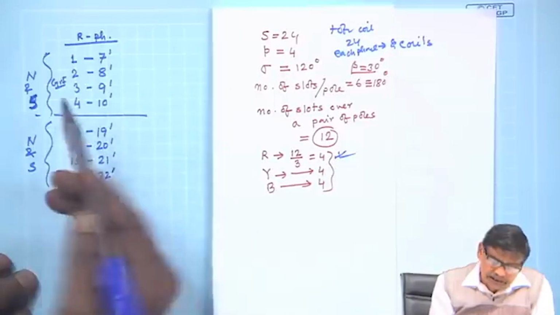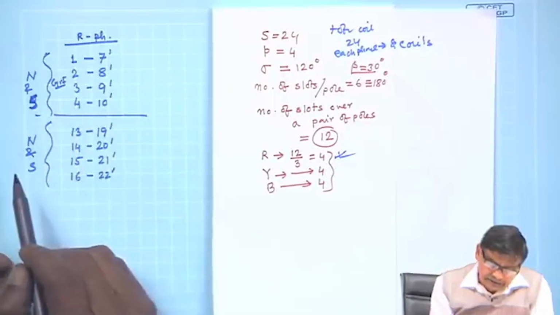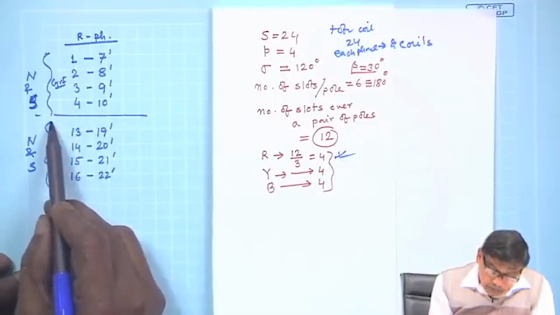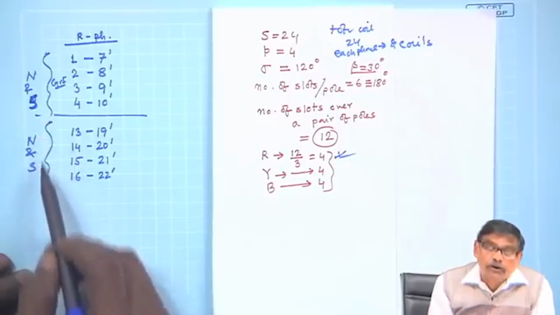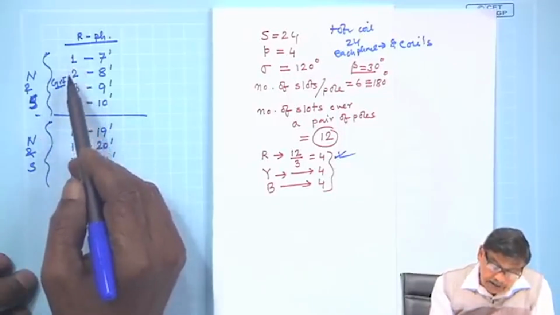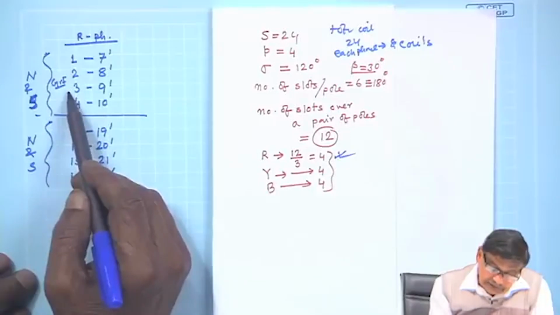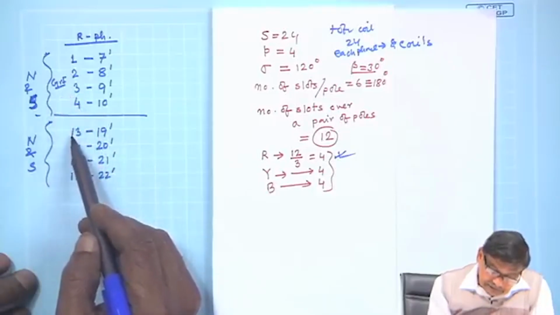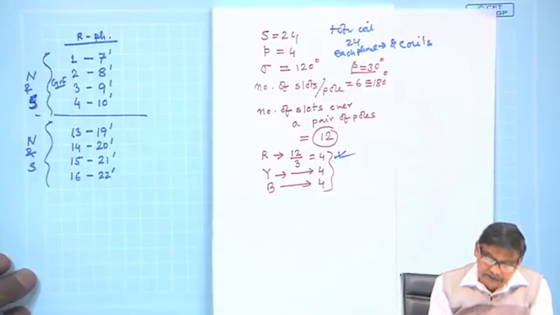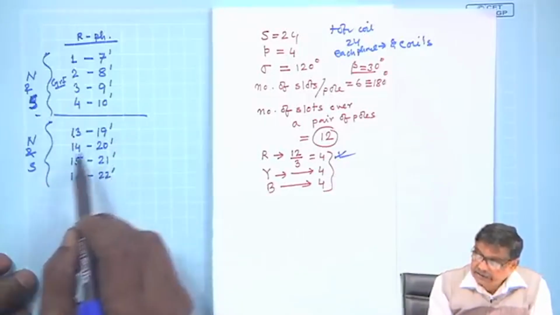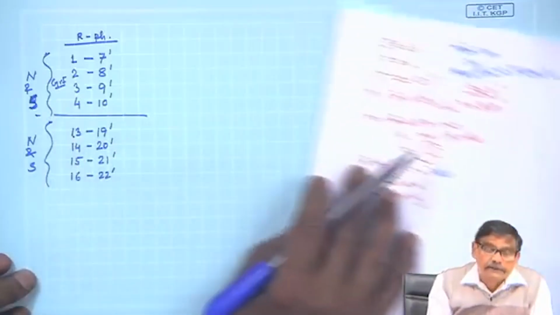So, 1 7 dash, 2 8 dash, 3 9 dash, 4 10 dash, and then the next pole pair starts, once again starting from naught. Therefore, 1 plus 6 plus 6, that is 13, 19 dashed, 14, 20 dashed, like that.